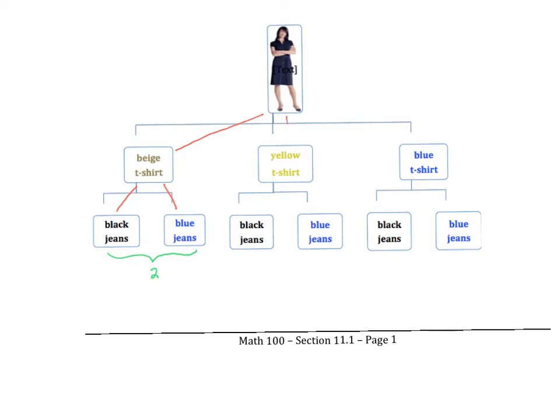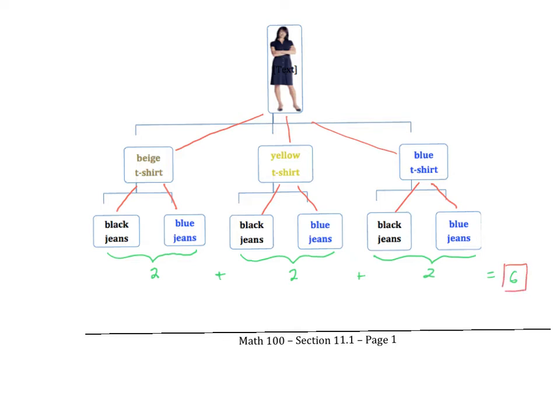Or you could choose the yellow t-shirt and then pair it with either the black jeans or the blue jeans, which would give you another 2 outfits. You could choose the blue t-shirt, pair it with the black jeans or the blue jeans to give you another set of 2 possible outfits. So when you add all these up, you get 6.